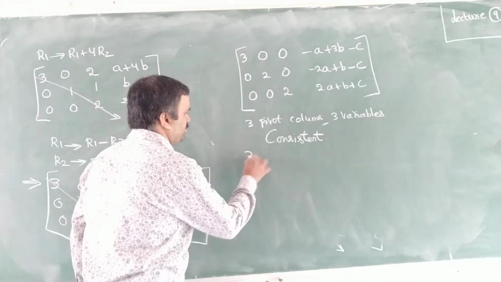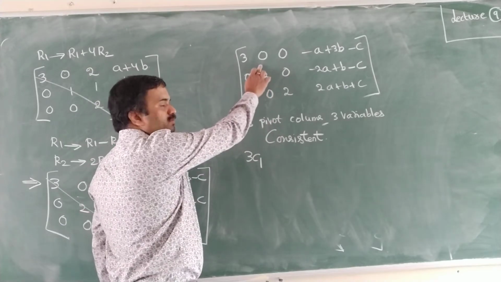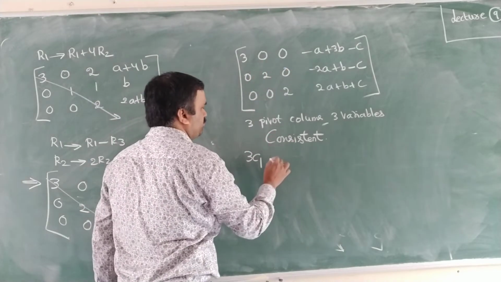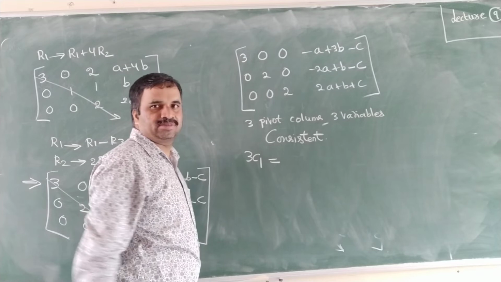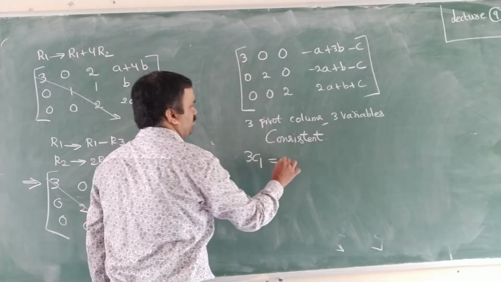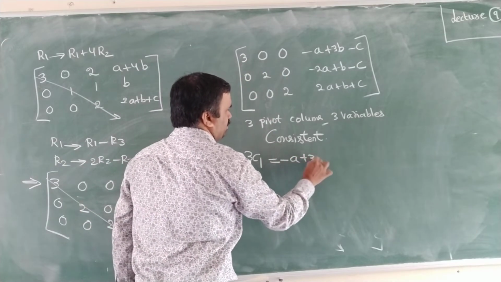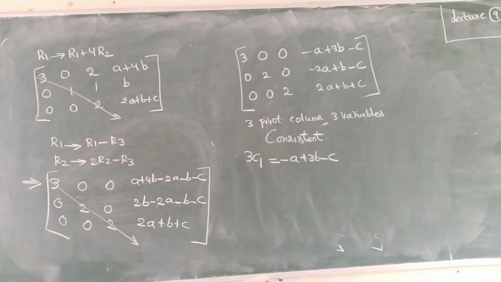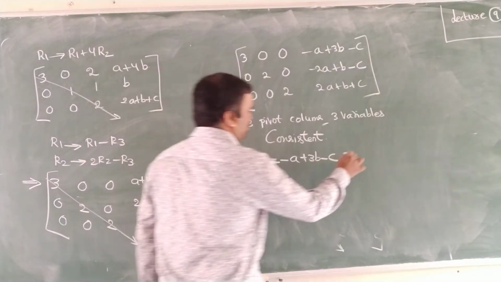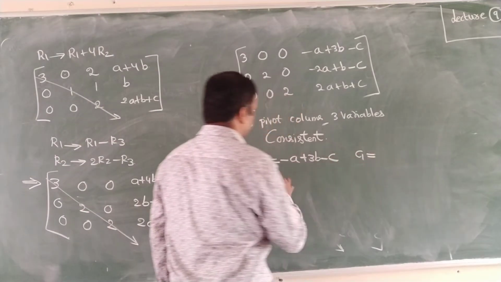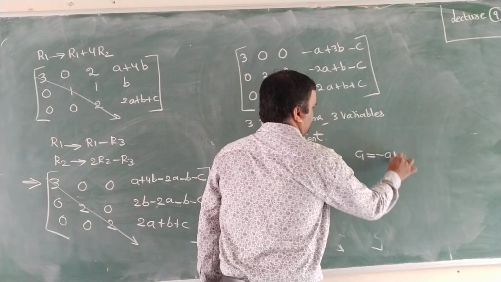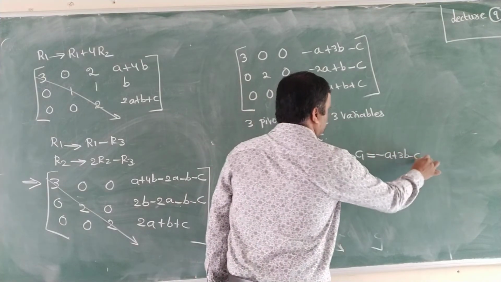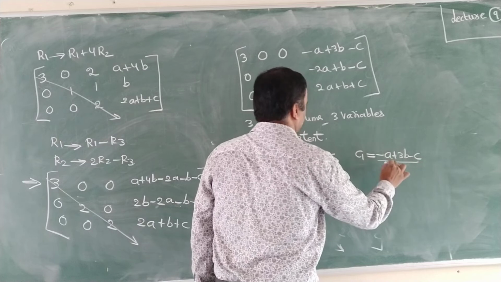3C1 plus C2 plus C3 equal to, I write the equations. 3C1 is equal to minus A plus 3B minus C. Nothing but C1 equal to (minus A plus 3B minus C) by 3.